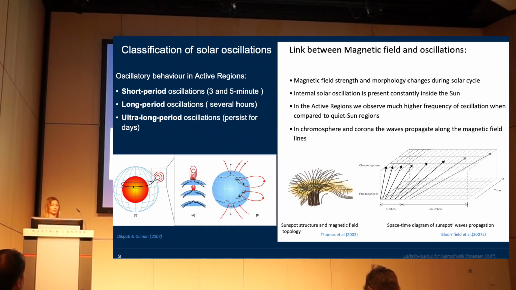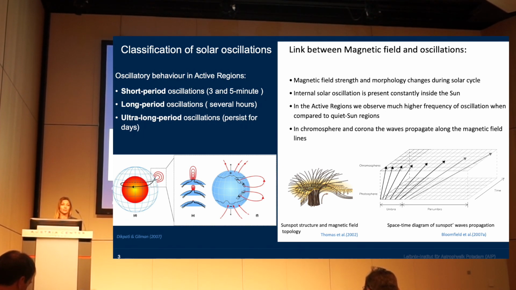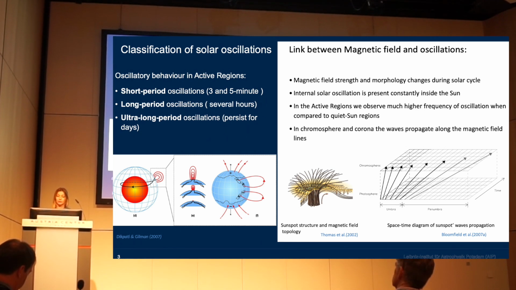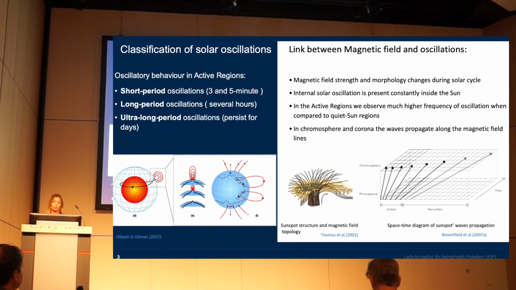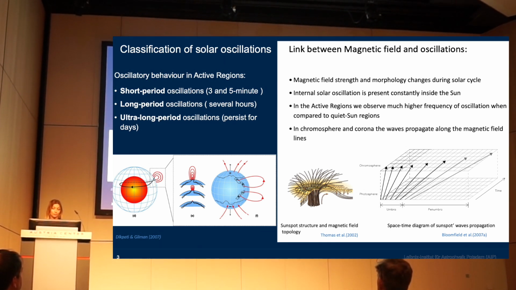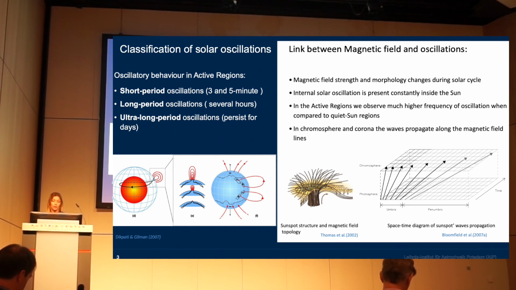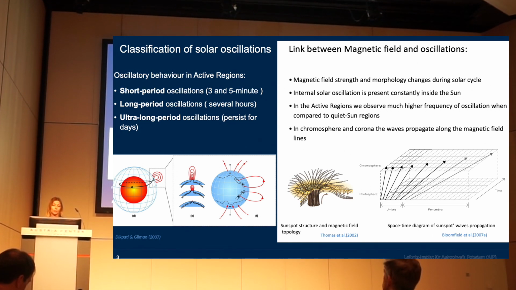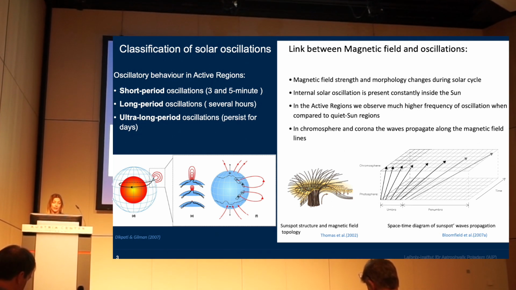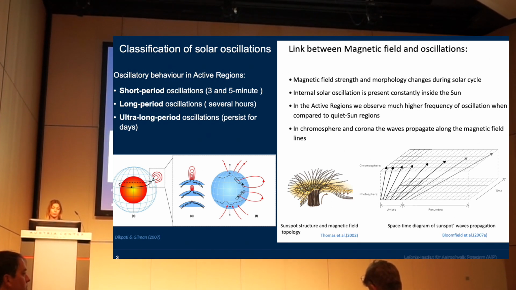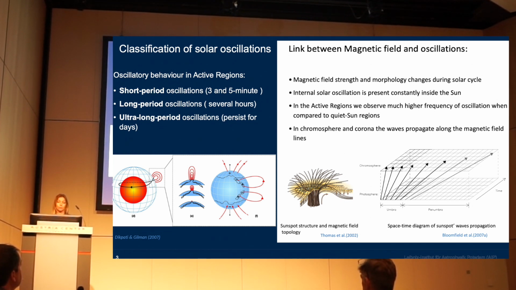In the chromosphere and corona, the waves propagate along the magnetic field lines. On this cartoon, we can see how fast they are propagating inside the sunspots. This is the umbra region and the penumbra region. The waves propagating inside the umbra reach the chromosphere very quickly, from photosphere to chromosphere.